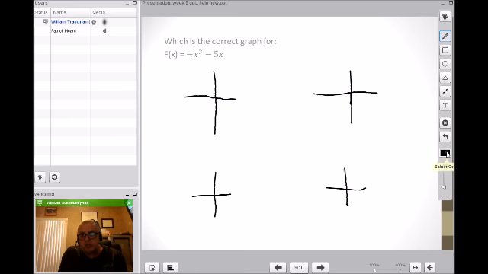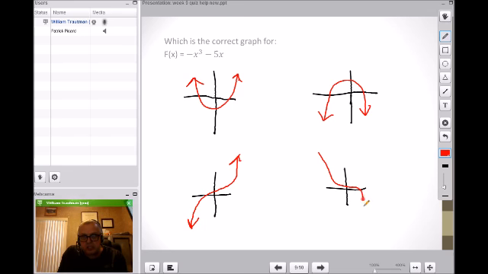Okay, so one of the graphs I'm going to draw looks like this. One of the graphs looks like this. One of the graphs looks like this. And one of the graphs looks like this. So these are 4 basic shapes.